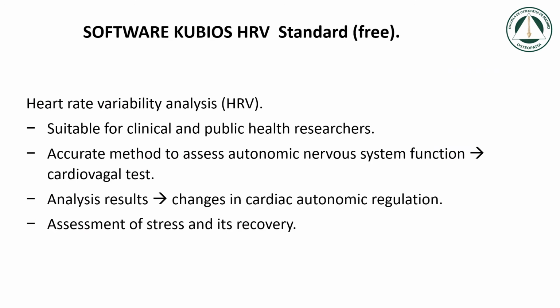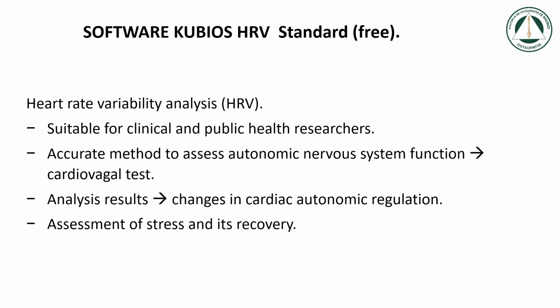The heart rate variability analysis software is suitable for clinical and public health researchers. Heart rate variability is an accurate method of assessing autonomic nervous system function through the cardiovagal test.